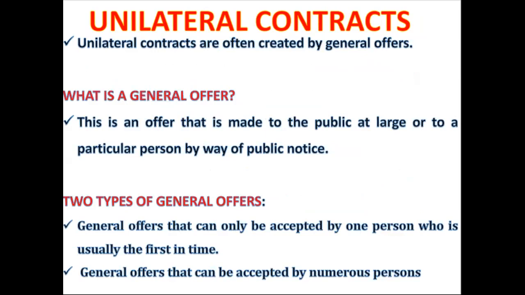Now, that was an offer that was made to the public at large, a general offer. So general offers are usually offers made to the public at large or to a particular person by way of a public notice.